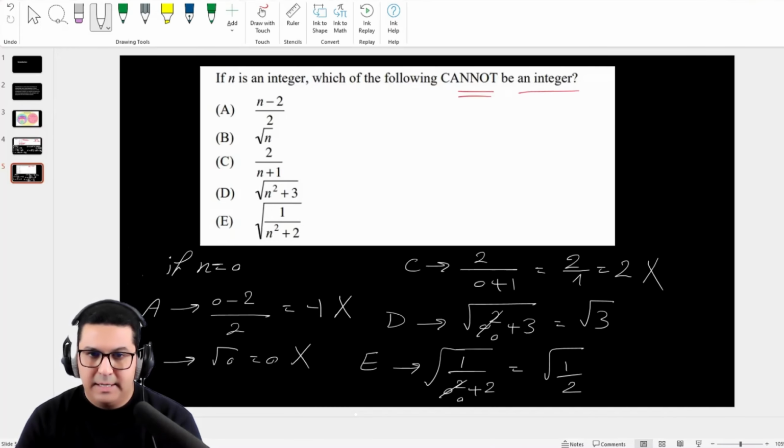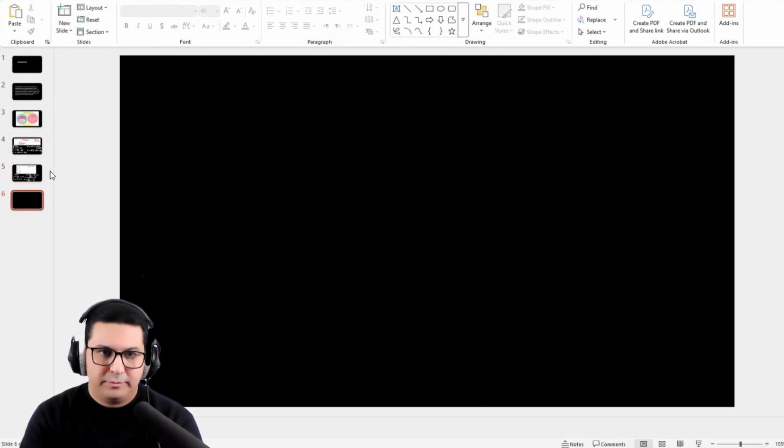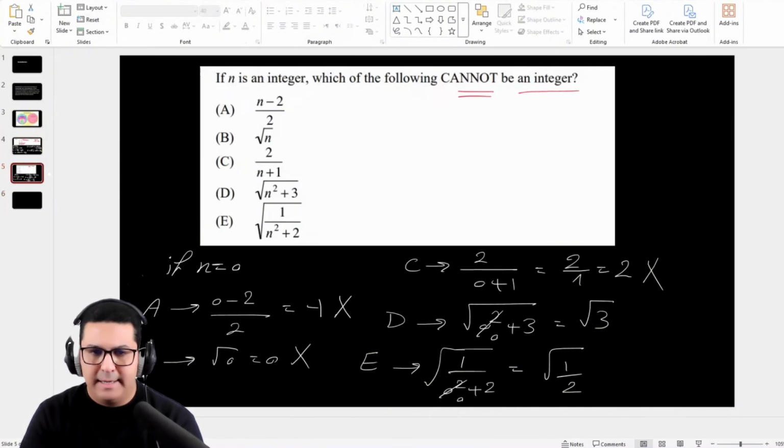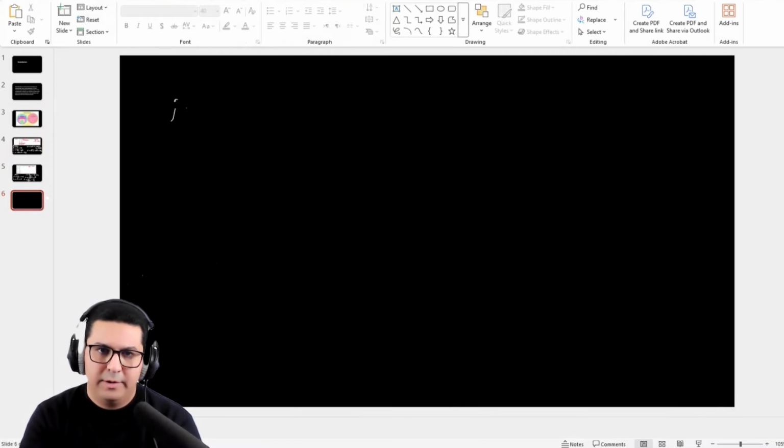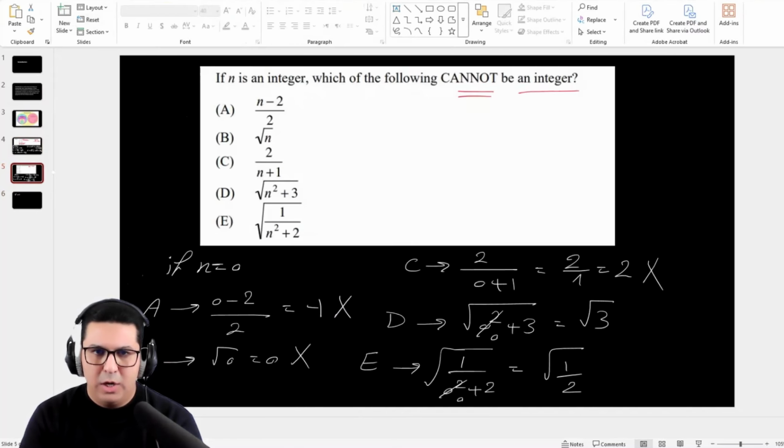So because of this, let's change our consideration and I put another number. For this part, I selected n equals 0. Right now, if n equals 1, what happens? So let's check. We know that A, B, C are not the answers. It is very clear.